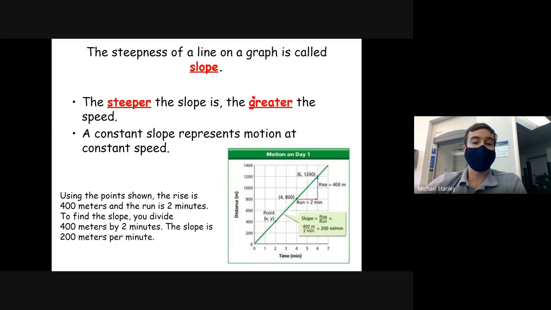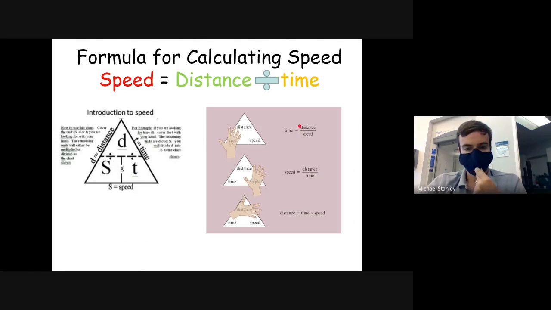So the steeper the slope, the greater the speed. That also means that the more gradual the slope, the smaller the slope, the slower the speed. So again, if you want to calculate the speed of something, that's when you use distance divided by time.